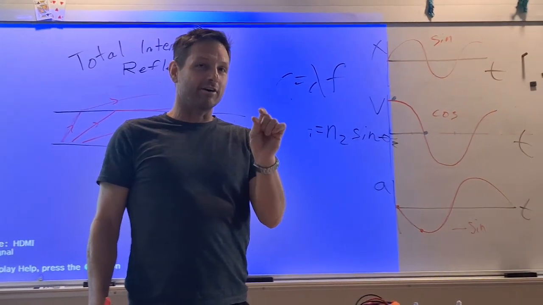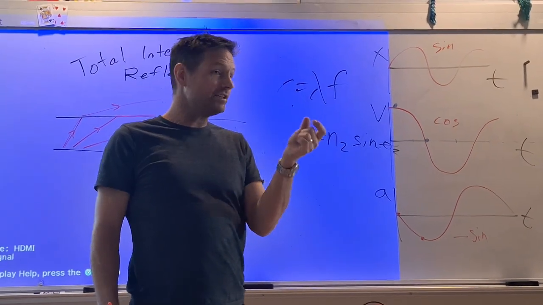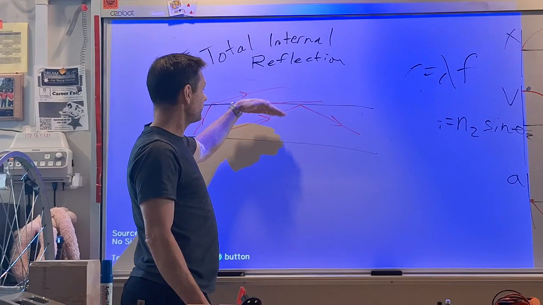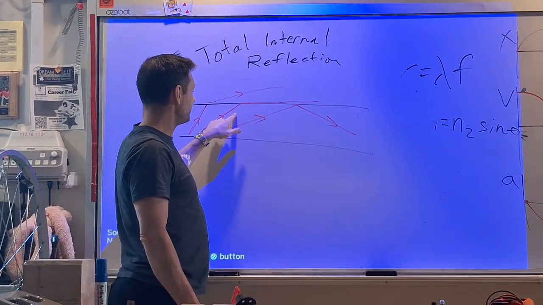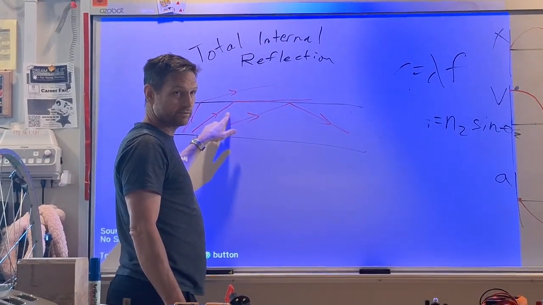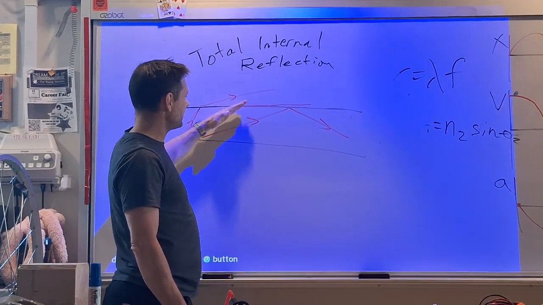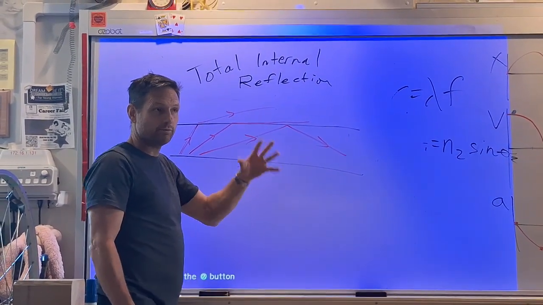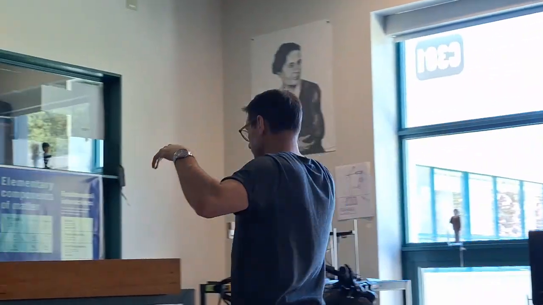When theta r, the angle of refraction, is 90, like when this hits 90 degrees from normal, then your angle of incidence is your critical angle. And if your angle of incidence is any bigger than that, you get total internal reflection. It won't leave. Let me see if I can show this to you.